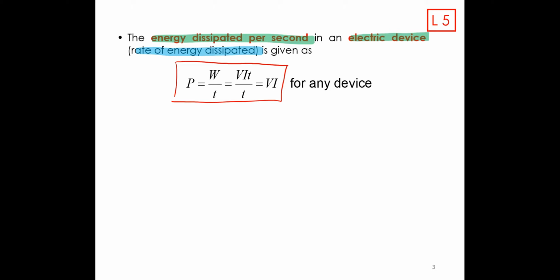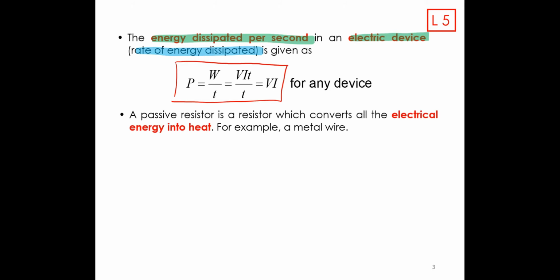This is our general equation. Take note, you can use P equals IV to find the power from the battery, and also to find energy dissipated per second. But you need to be careful about energy dissipated. Why? Like this.